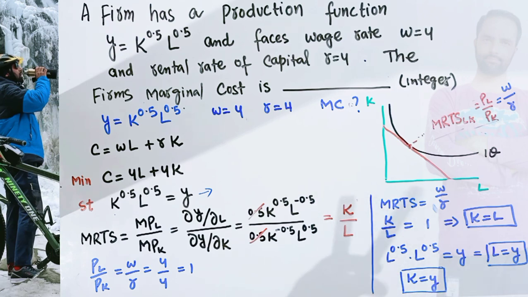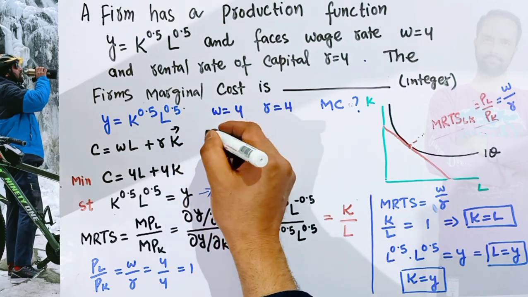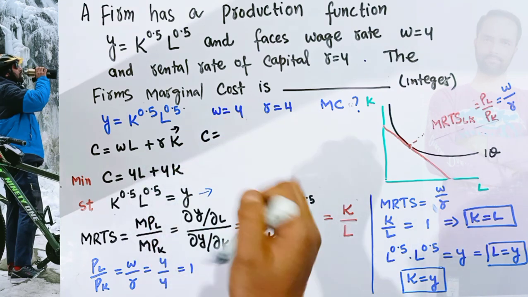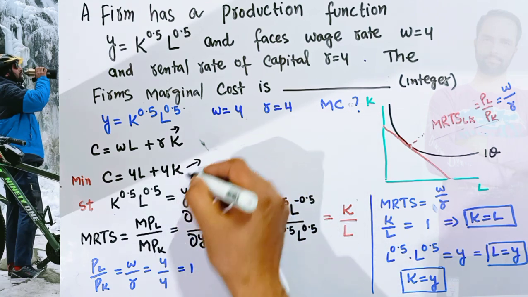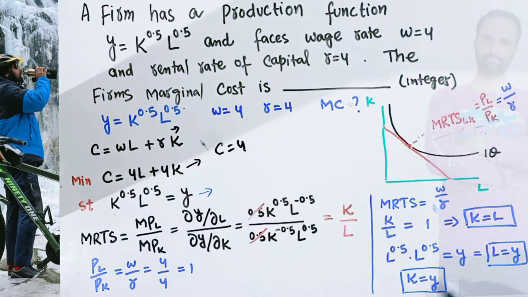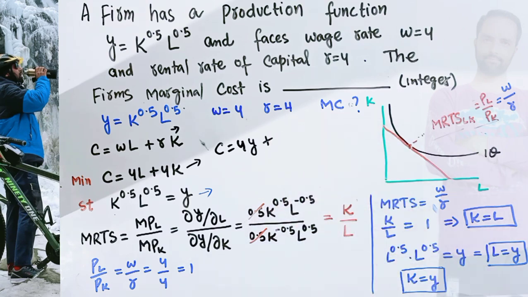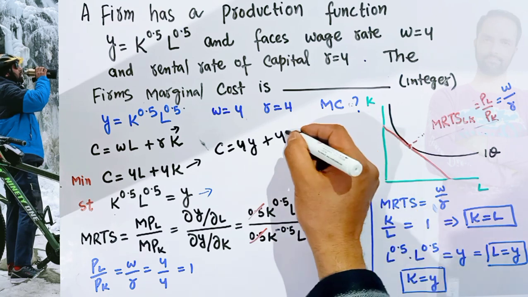Now we simply plug the values of L and K into our cost function. Our cost function in terms of parameters: C equals 4 times the optimal value of L, which is y, plus 4 times the optimal value of K, which is again y.